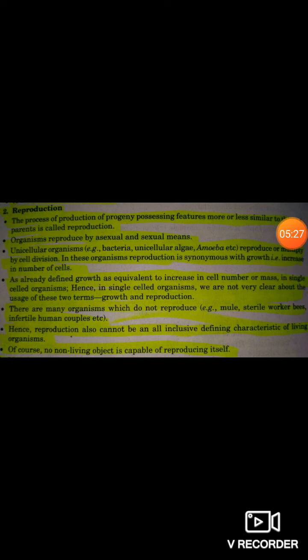There are many organisms which do not reproduce, for example mule, sterile worker bee, infertile human couples, etc. Hence, reproduction also cannot be an all-inclusive defining characteristic of living organisms. Of course, no non-living object is capable of reproducing itself.